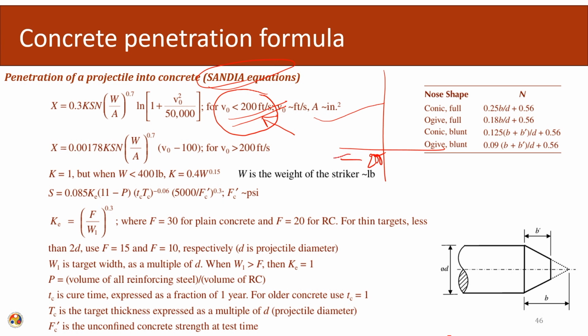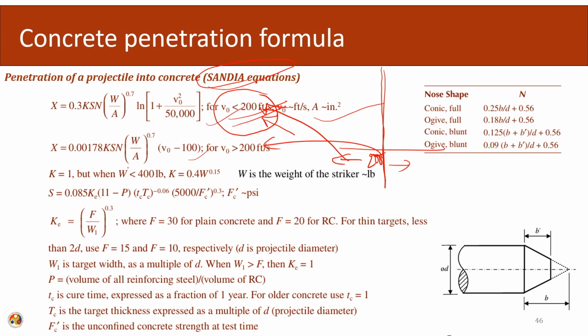So, on the left of 200 this equation will come into picture and on the right of 200 this equation will come into picture. Why this will happen is that sometimes the behavior changes with velocity also. So, the data has been bifurcated into two sets, lower than 200 and greater than 200, and this type of equations has been used.